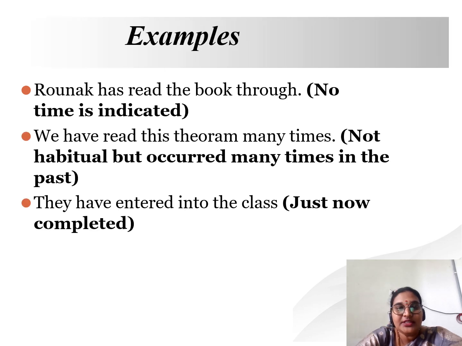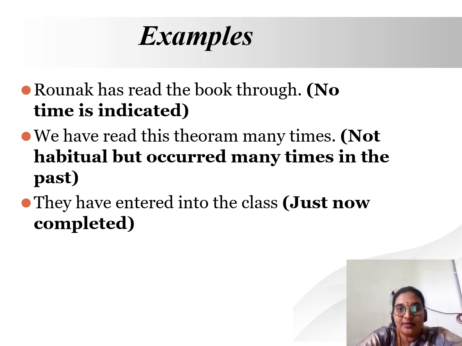So if you can see the examples, Raunak has read the book through, and here we did not mention about the time. And another one is we have read this theorem many times. Here also it is not habitual action, but this action was done so many times in the past. So to express these kind of scenarios also we can take the help of present perfect tense.